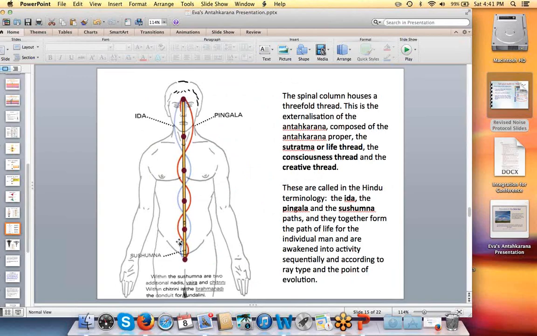So all the chakras are awakened sequentially, but it's not like you wait for one to totally open up and awaken and then the other one goes. There is definitely an order. We go from the bottom up, but every one of them is being touched as we grow and as we progress and as we evolve. Each one of them starts to unfold to some degree.